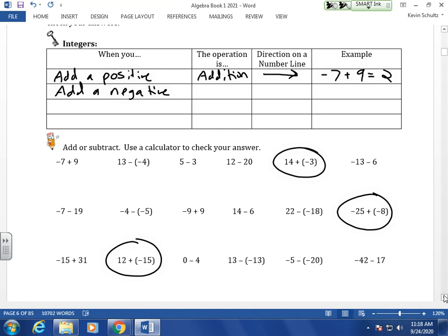Okay. And really, what operation does this represent? When we add a negative, we're actually not adding as far as when we actually do the math. We're subtracting. Which means on the number line, we're going to the left. An example of this would be 14 plus negative 3.